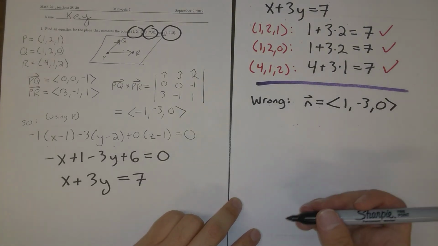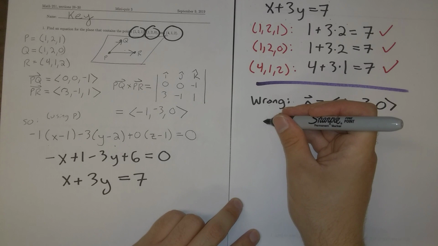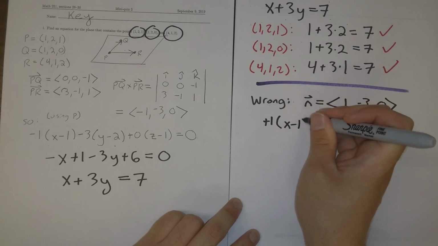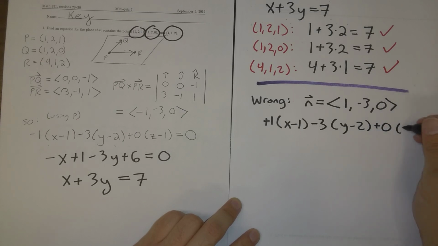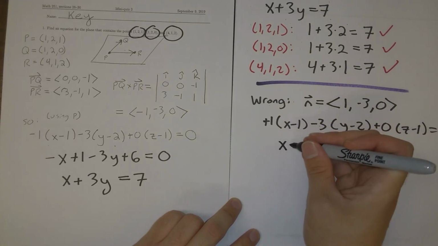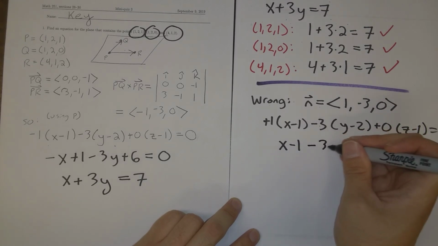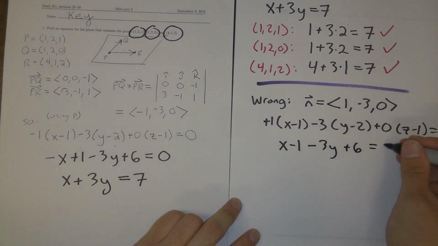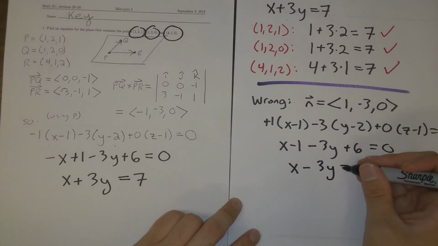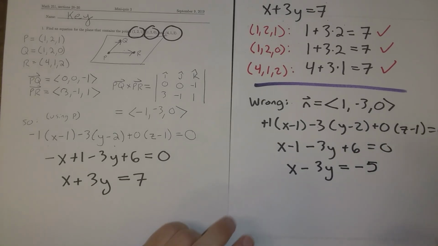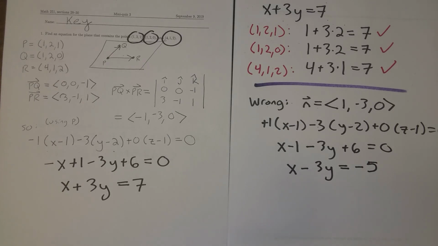And so then the equation for the plane would be plus 1 times (x minus 1) minus 3 times (y minus 2) plus 0 times (z minus 1) is equal to 0. This simplifies down to x minus 1 minus 3y plus 6 is equal to 0, or x minus 3y is equal to negative 5 after rearranging there.